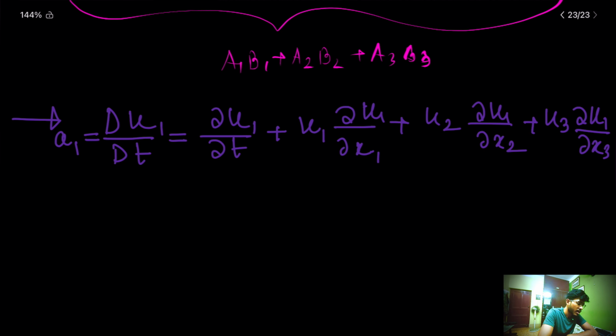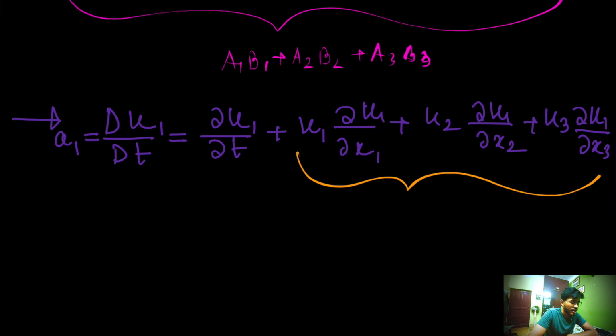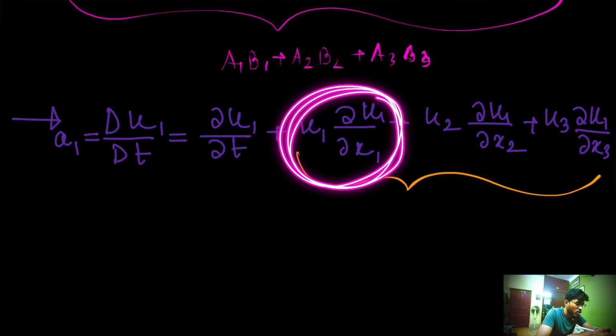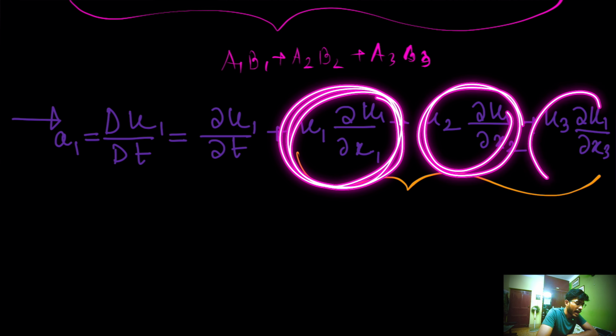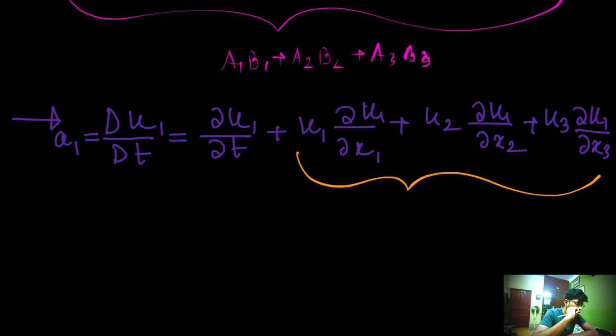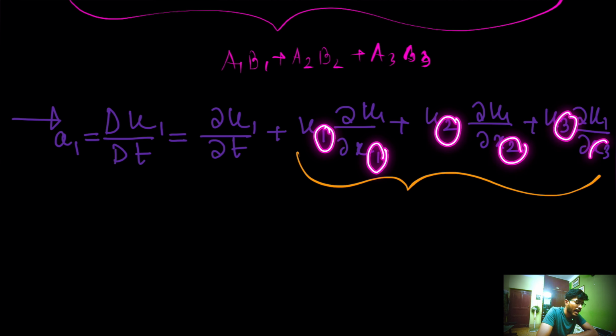Now you see this part, how can I write this? This is a term, and this is a term. You see here I was having a1 b1, a2 b2, a3 b3, so it is u1 del x1, u2 del x2, u3 del x3.